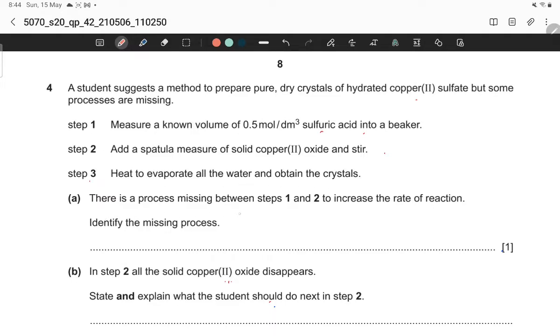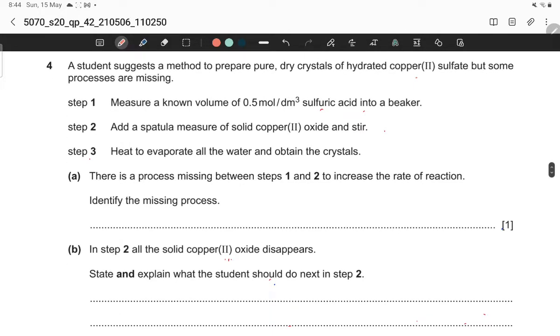There is a process missing between step 1 and step 2 to increase the rate of reaction. So we need to warm the acid. Heat or warm the acid to increase the rate of reaction.